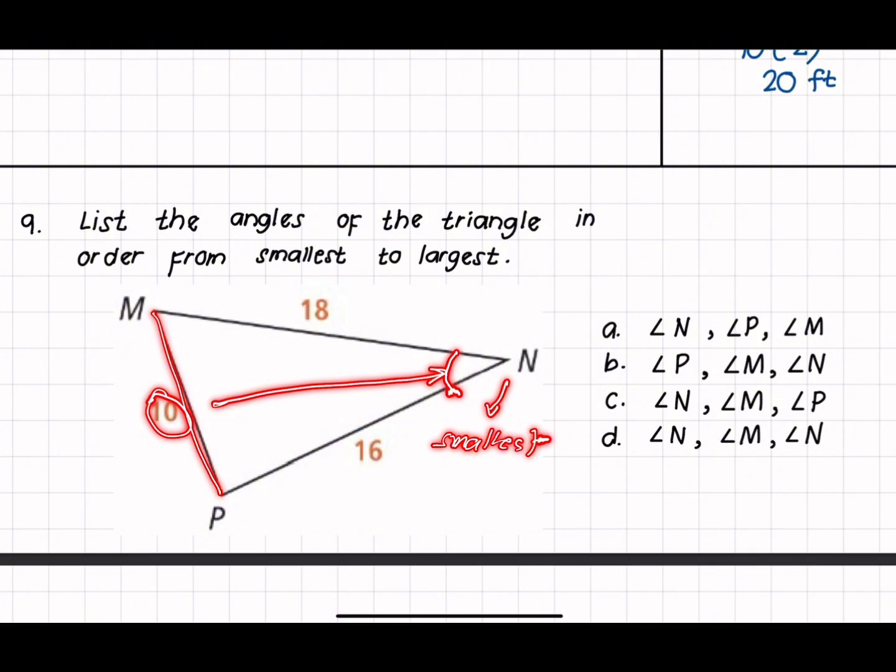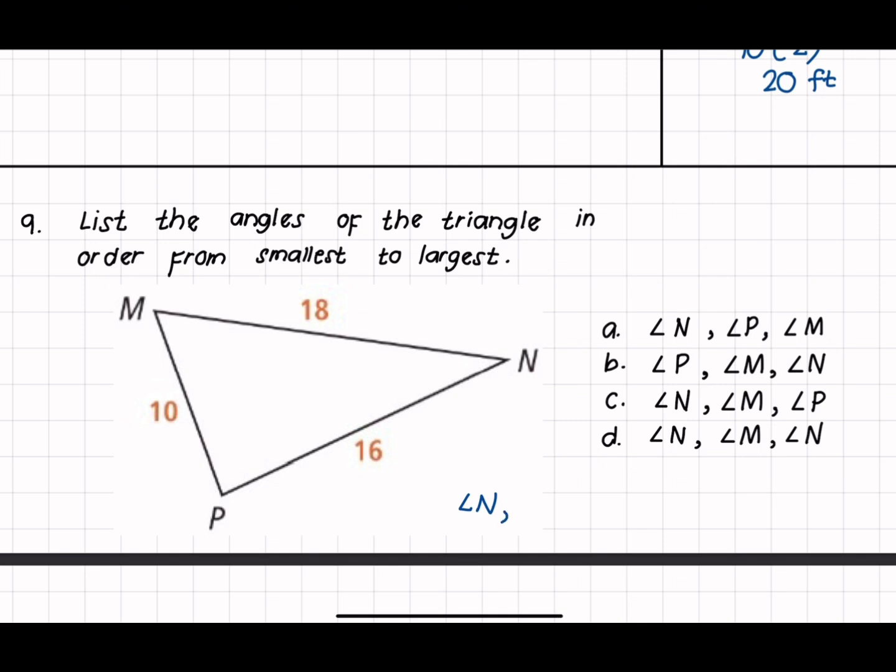And 10 is the smallest side, or the shortest side, of all the sides of the triangle. So we have angle N.